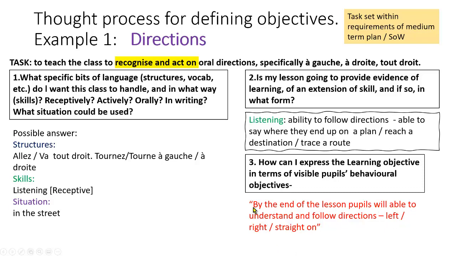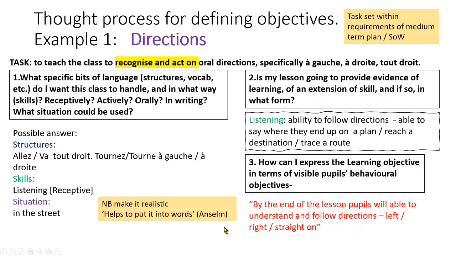As a head of department, I used to have a pro forma for people to use for a lesson plan, and it would be pre-populated with various words, and one would be in the very first column of your plan at the top: pupils will be able to, and then they would write in know, understand, say, read. It forces you then to express your objective in a way that can be observed.